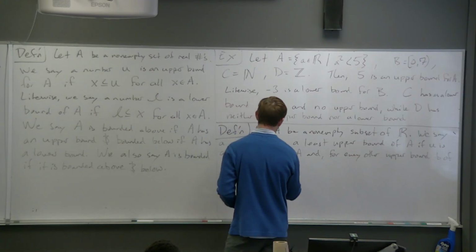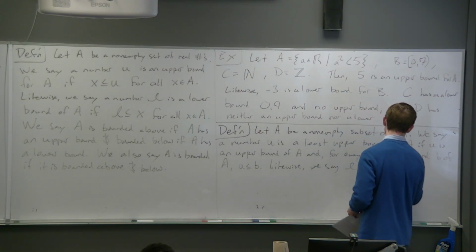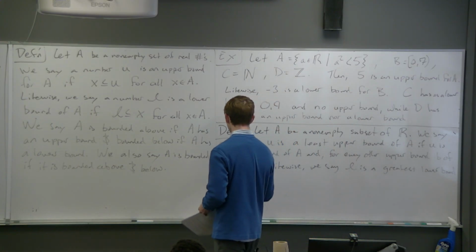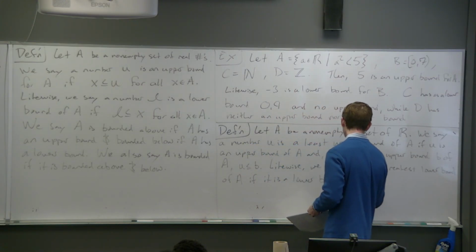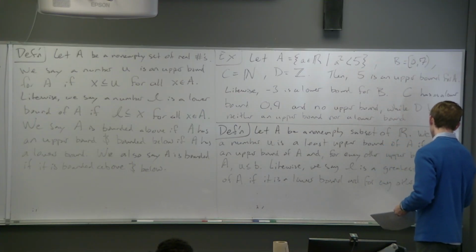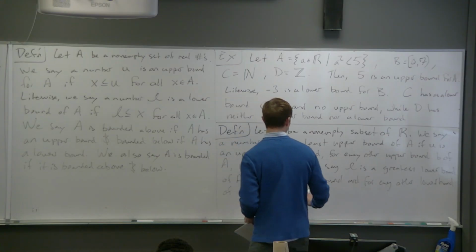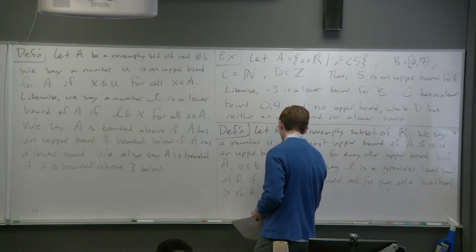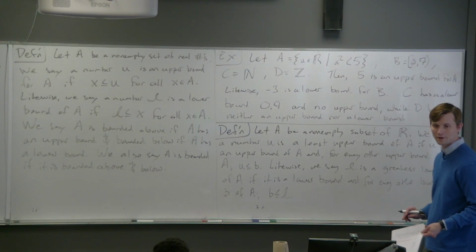Okay. Likewise, we say L is a greatest lower bound of A if it is a lower bound and for every other lower bound, let's say B of A, B is less than or equal to L. Okay, so greatest lower, or least upper.